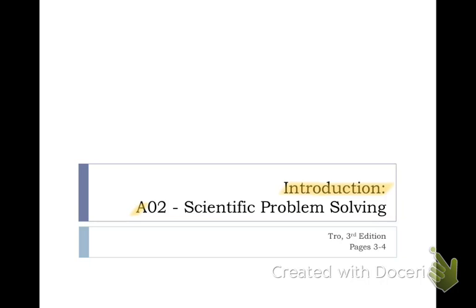In this case, this is topic A, dealing with chemistry, the scientific method, and chemical and physical changes. The number and the name tell you which specific video in that topic I want you to watch. Down here it says TRO 3rd edition, that's our textbook, and this is dealing with pages 3 and 4. So I want you to also look at pages 3 and 4 as we go through this video.